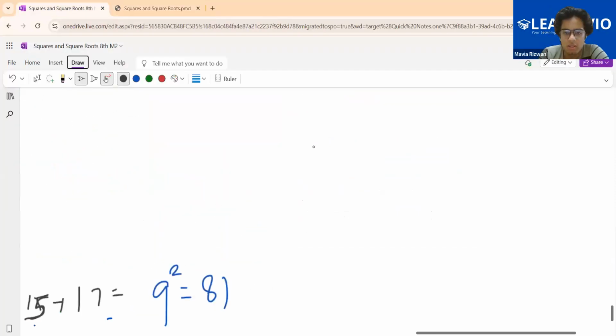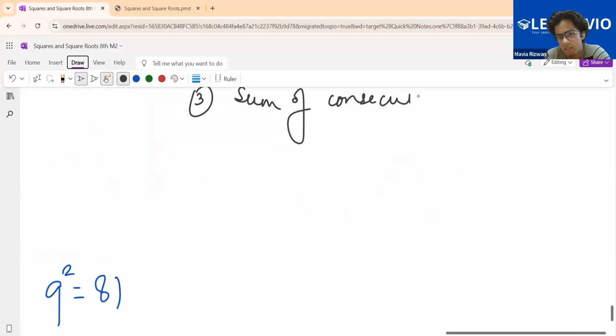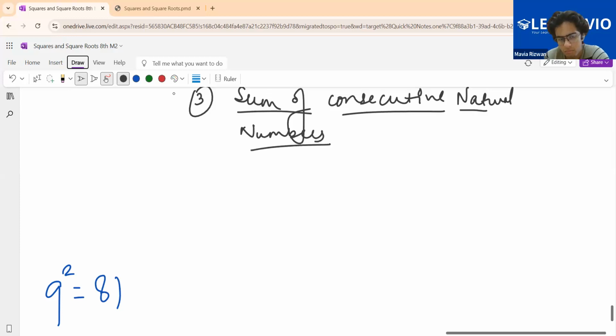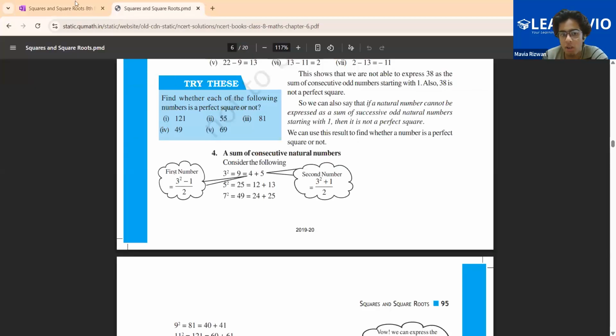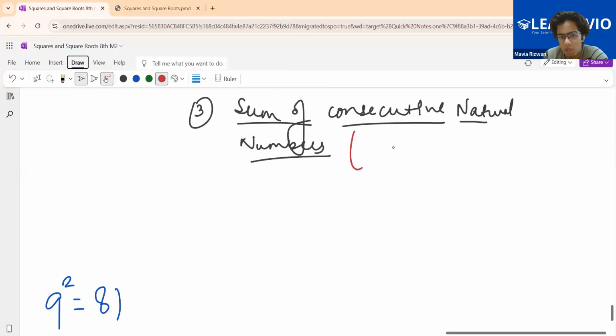See, children, suppose I have, and this is only for odd numbers. This is also only for odd numbers.